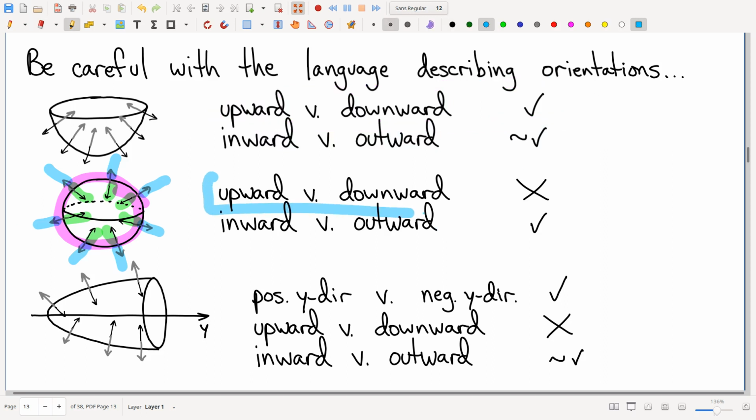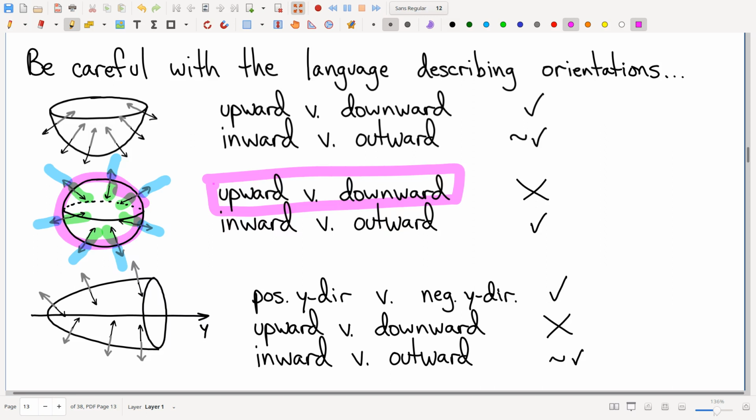Well, if you were to try to distinguish between those by saying, for example, upward, some of these green vectors are upward. Some of these blue vectors are upward. That doesn't remove the confusion, right? You say upward, I don't know which one of these you mean. Does that make sense to everybody?